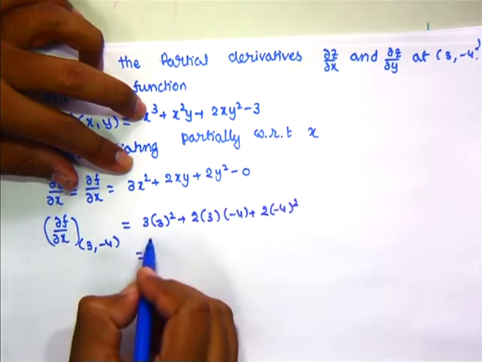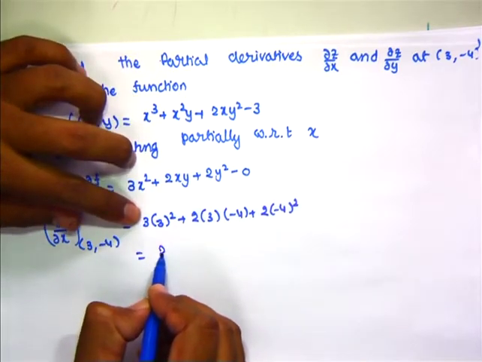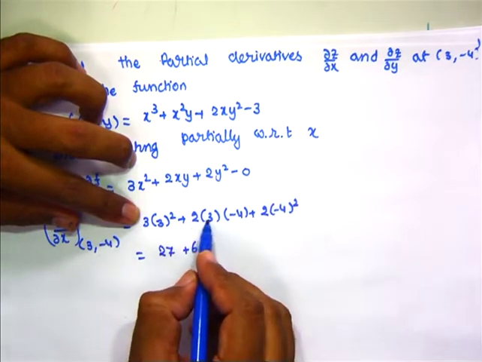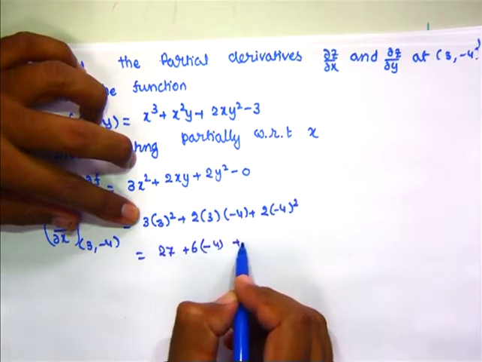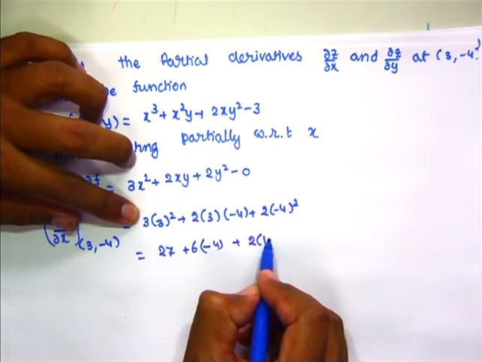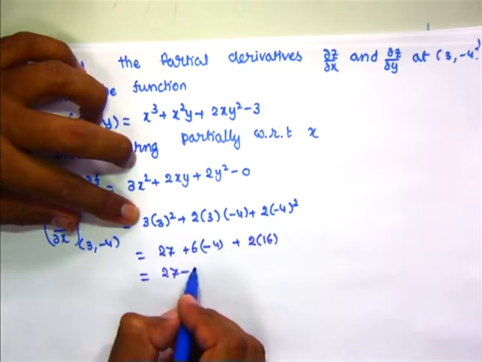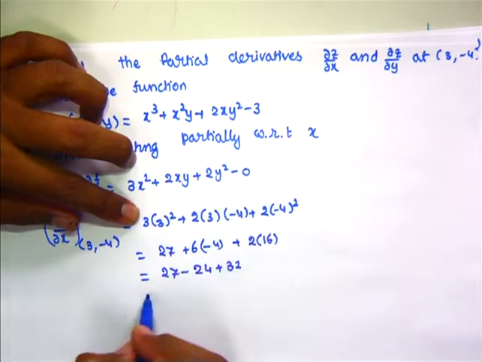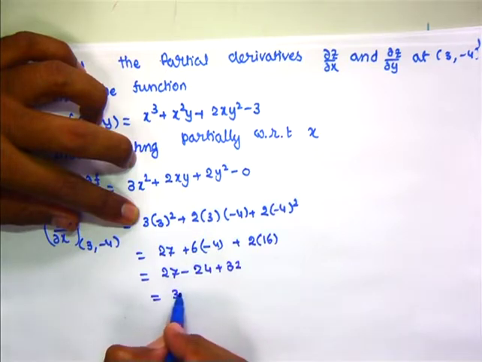So the value is 27, this is 6 into -4, so it is -24, and this is 2 into 16, so we get 27 minus 24 plus 32, so we get 35.